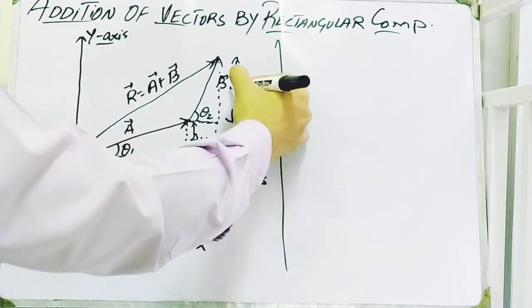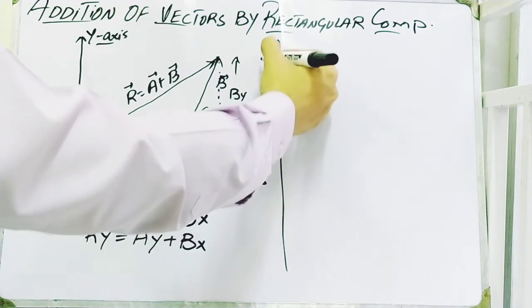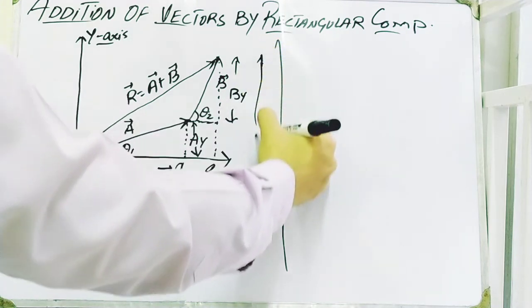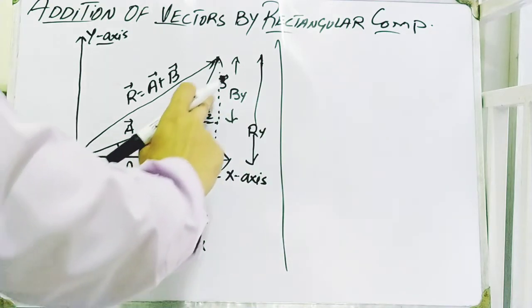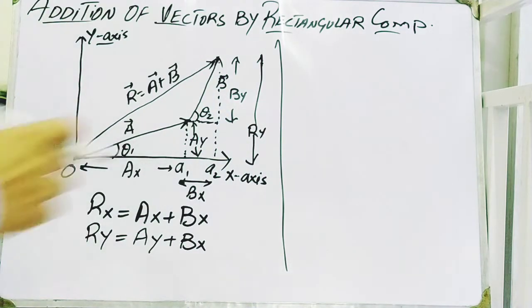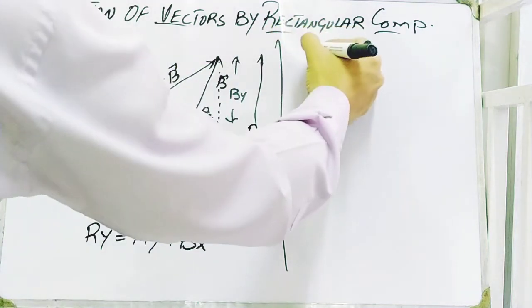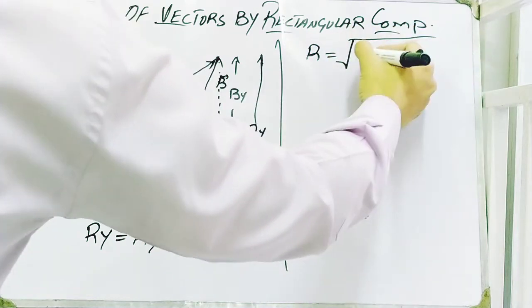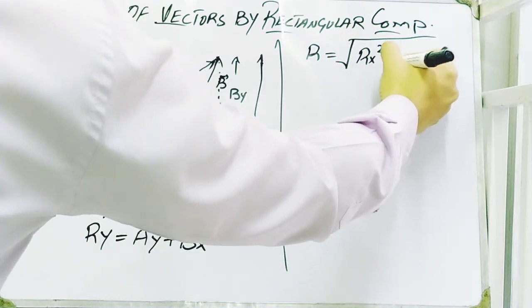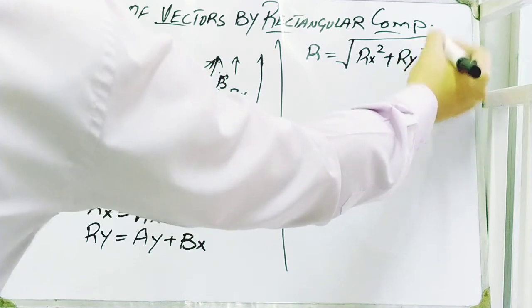This is going to be By, the y component of vector B, and the whole sum is called Ry, because the addition of Ay and By is considered the y component of the resultant vector. So according to the definition of magnitude, R is equal to the square root of Rx squared plus Ry squared.